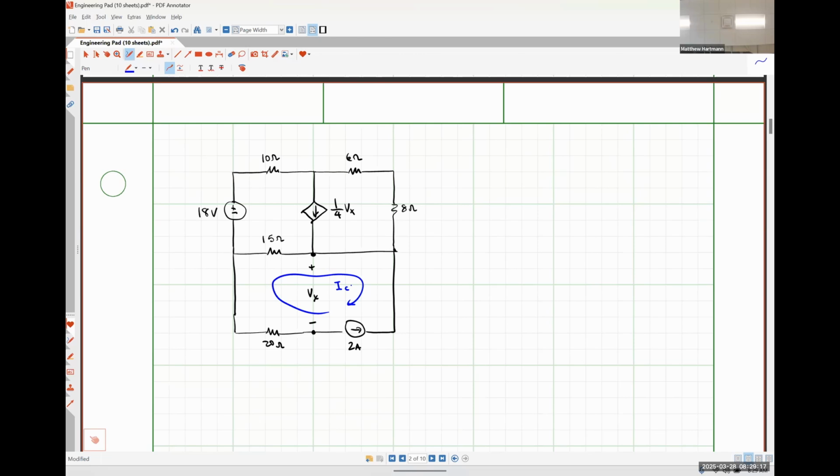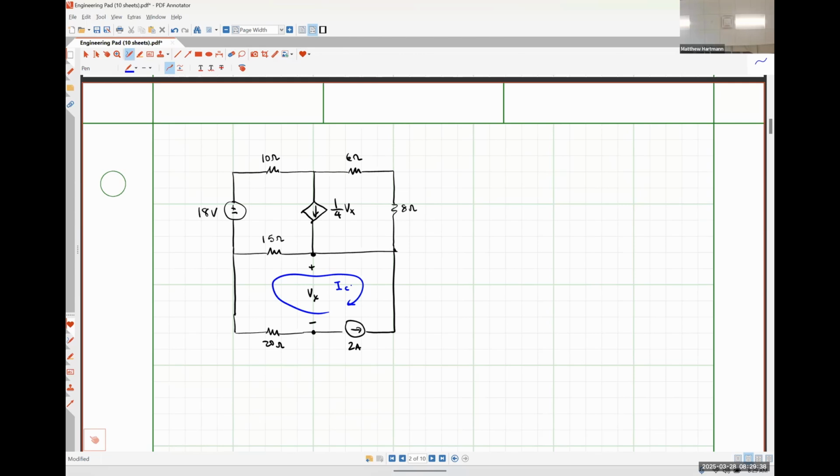Much like every time we had a voltage source in nodal analysis, we needed a voltage relationship equation. And in special cases, we are also going to have what's called a KVL at a super mesh situation. Let me explain very briefly when we're going to have super meshes and when we aren't.